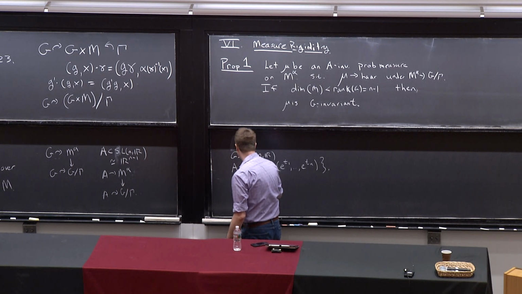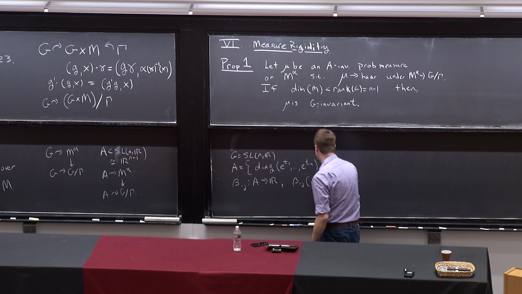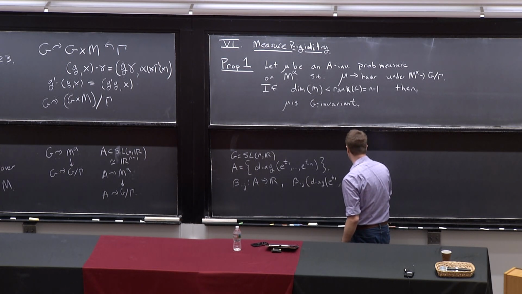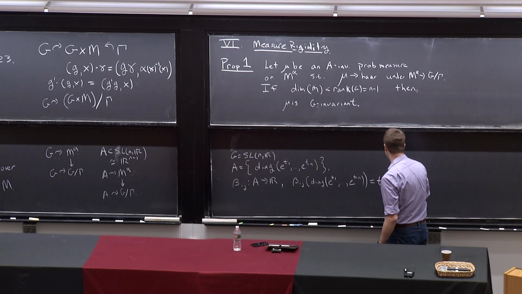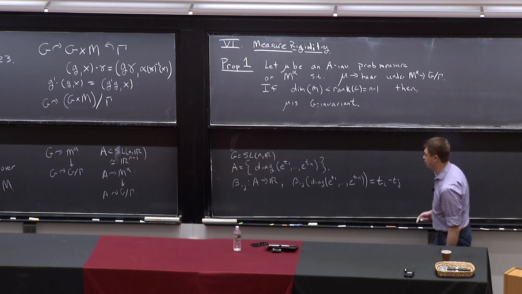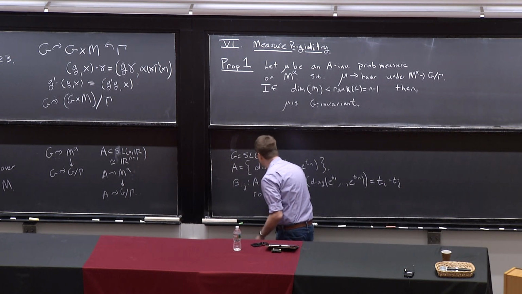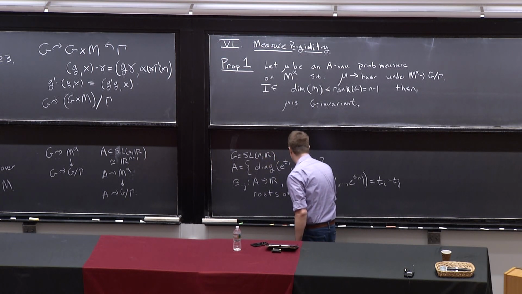These are linear functionals from A to R. And what are they? Well, beta ij of a diagonal matrix with positive entries is Ti minus Tj. So if you know any Lie algebras, these are somehow the roots, or the exponentials of the roots, of the Lie algebra of G.